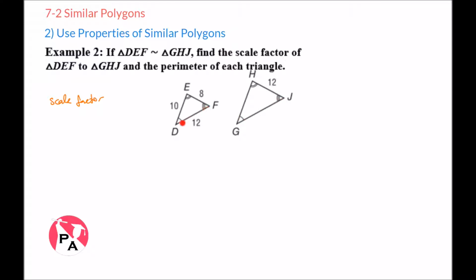So these two correspond to each other, but I don't know the measure of GH, so it's kind of useless. But EF and HJ, their measures are given.